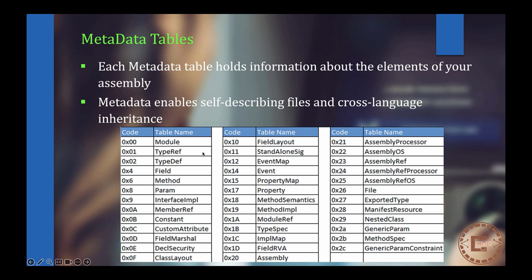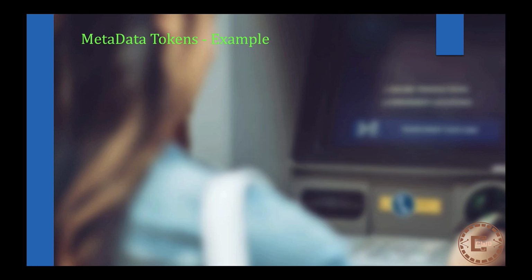Because the metadata has an index, and you can have a table name that describes what that means. So the code 0, for example, is a module. The code 4 means this is a field. The code 6 is a method. 8 is a param. Every single index has a meaning, and that makes it very, very portable. Let's see an example of this.